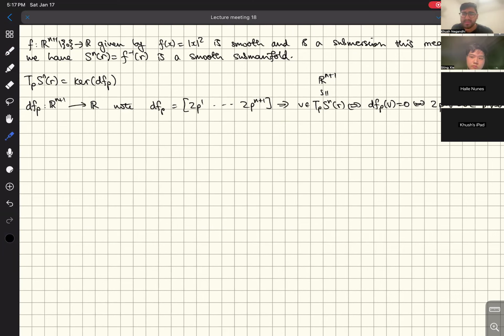Which should make sense, I think, right? Because we saw in a homework exercise that a curve on the sphere has a velocity vector that is orthogonal to the direction of motion.